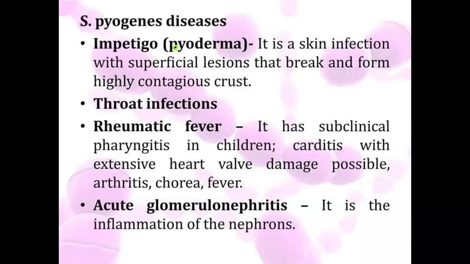But then 2 weeks later, you get a kidney infection. This is because the same M protein that was produced in your skin is similar to those in your kidneys. So the immune system gets confused and says, I'm supposed to attack this strep pyogenes M protein on the skin, but it's also similar to the one in the kidney. So now you get a kidney problem.